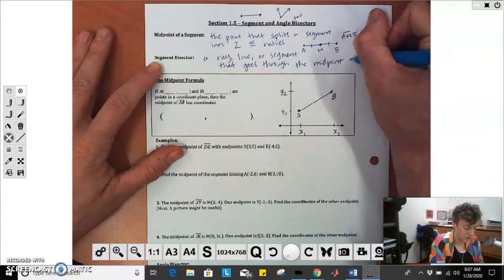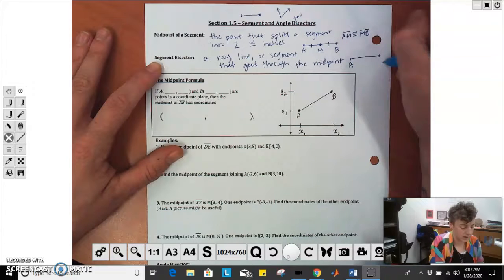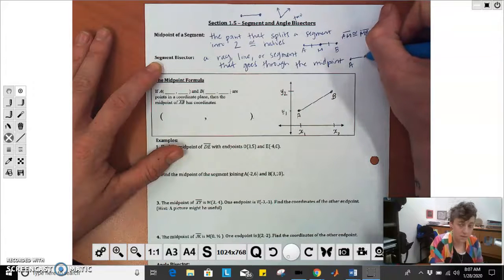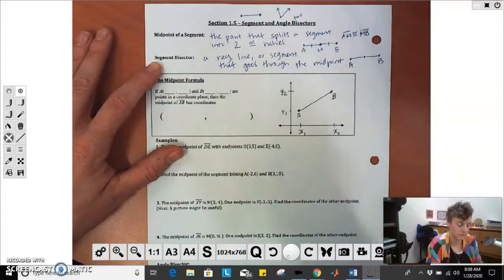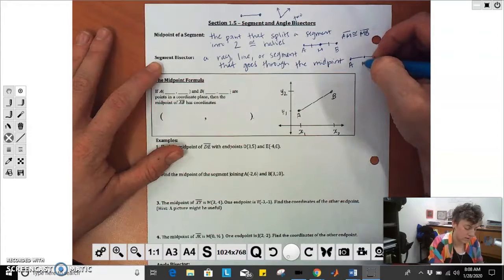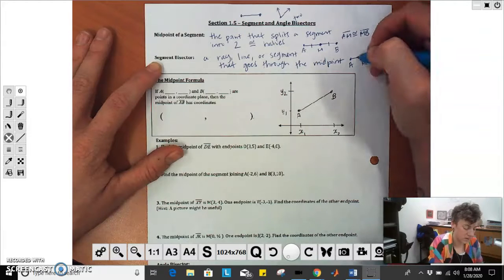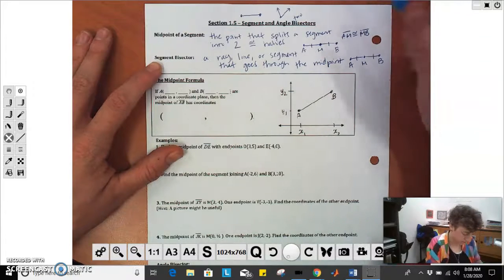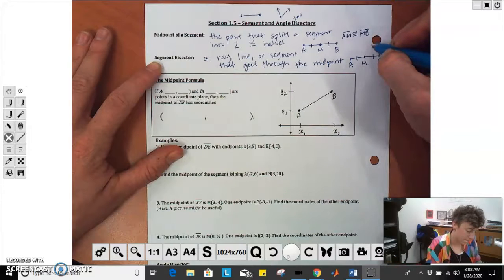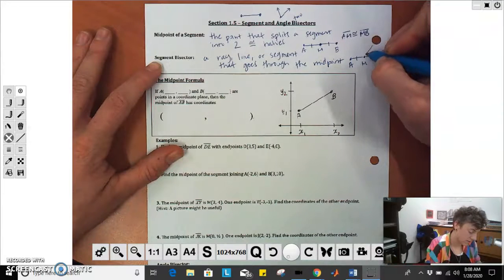So again, let's draw a picture. Pictures are always the best. Let's do a segment AB. Let's have M be its midpoint. Okay, so it makes these two halves congruent to each other. And I could have a bisector. Maybe we'll make it a line.